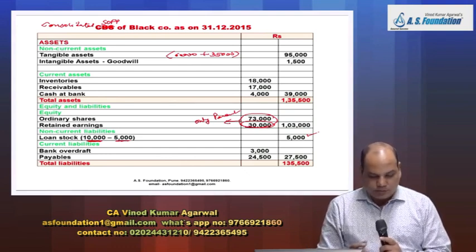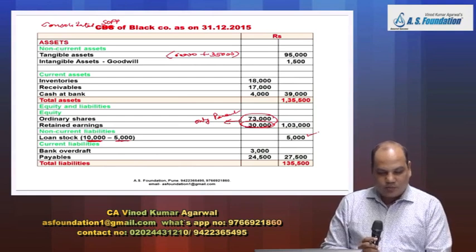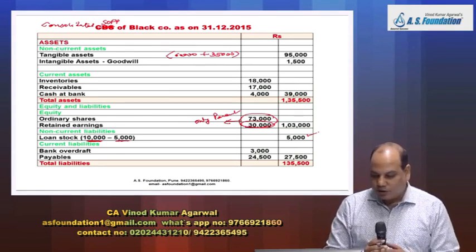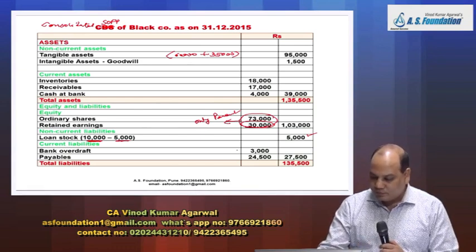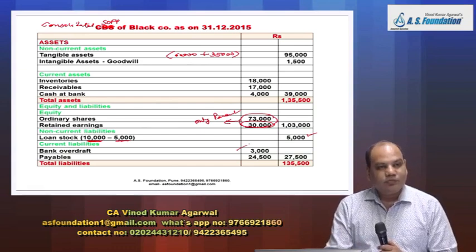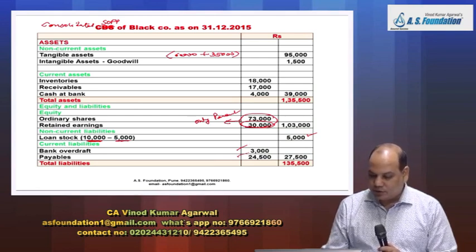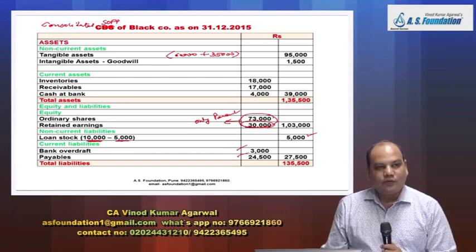Current liabilities. Under current liabilities, bank overdraft. Only one company has a bank overdraft, 3,000. Payables 14,000 plus 10,500, 24,500.